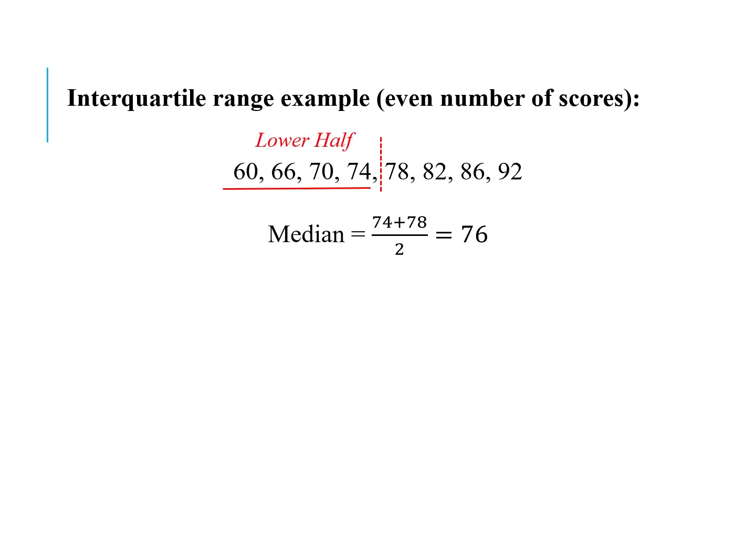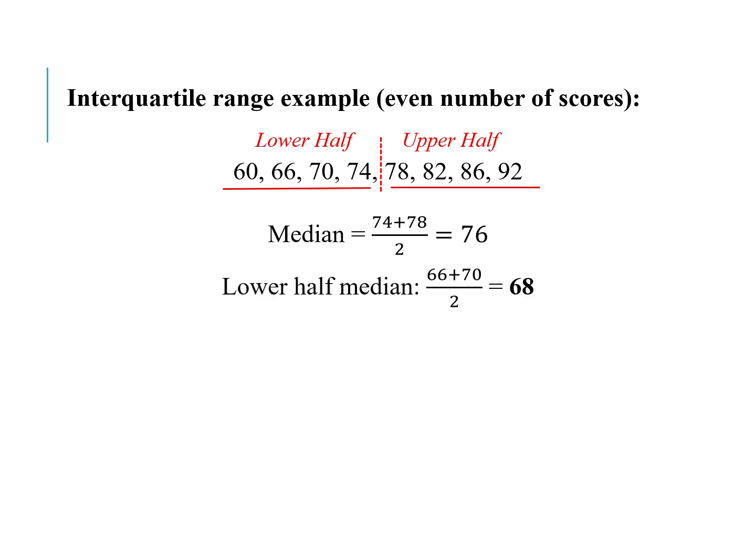From here, you have the lower half and upper half of the distribution again. The median of the lower half is 68, and the median of the upper half is 84. So again, subtract 68 from 84, and you get 16.